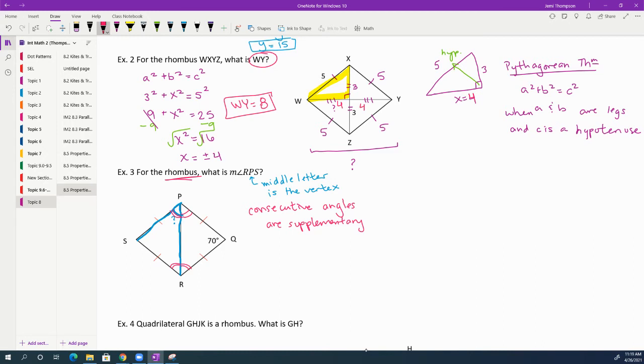So let's call the large angle QPS. So take a look at that. QPS, so the big angle up here at the top, is going to be equal to 180 minus 70. So the whole angle is 110.